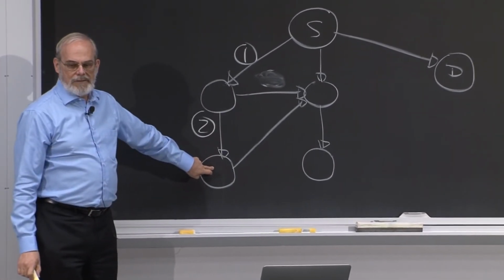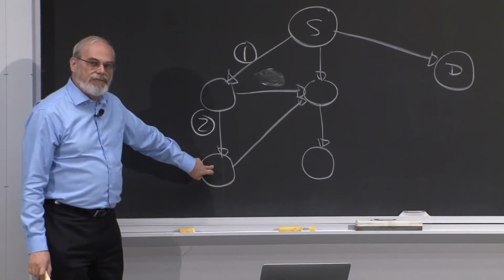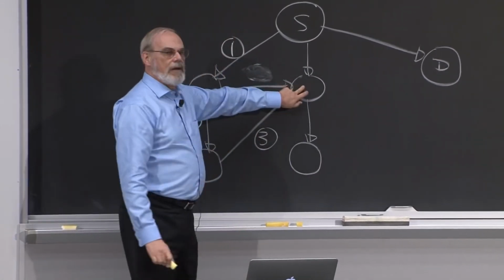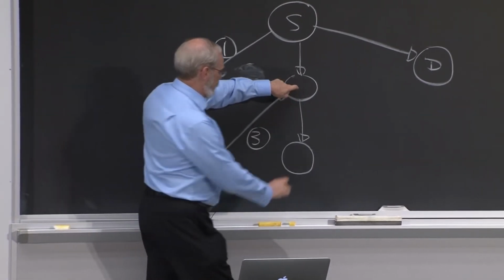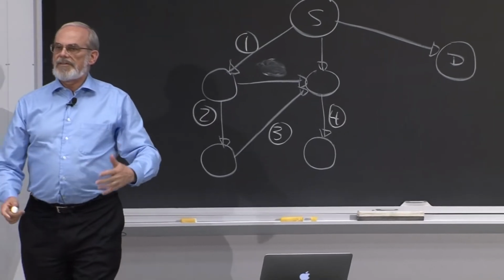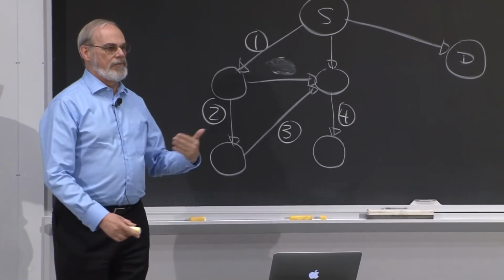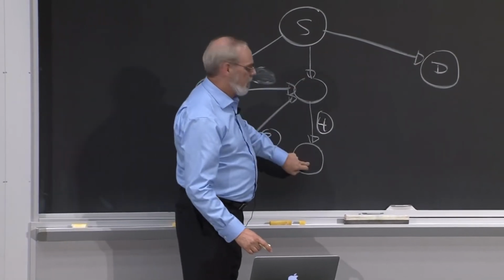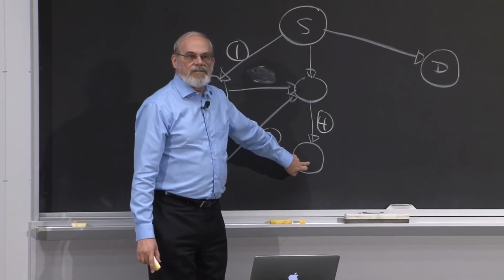Am I in the right place? I'm not. So I'm going to take the first path out of this one, which gets me there. I'm still not in the right place, so I'm going to take the first path out of that one. And you can see why it's called depth first. I'm going as deep, if you like, in this graph as I can, from here to there, to there, to there, to there. At this stage, I'm stuck.